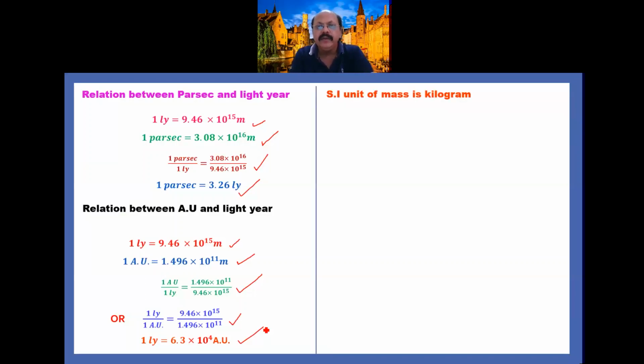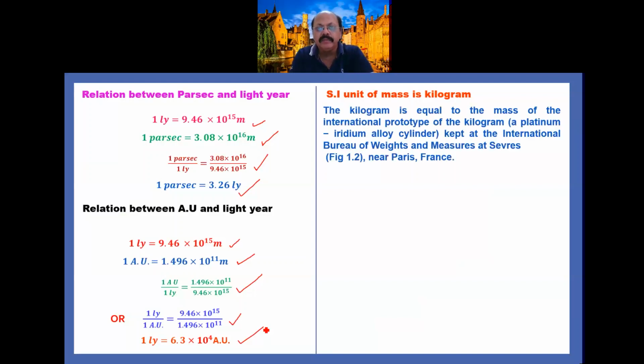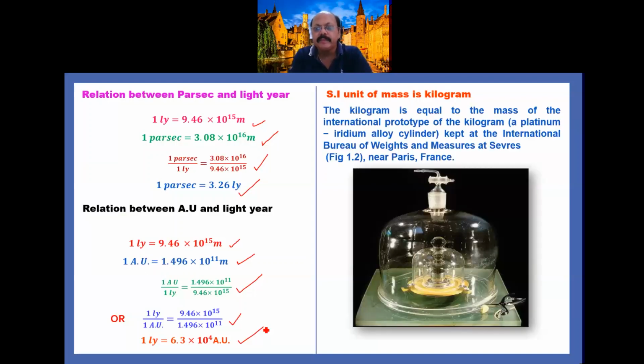Now the SI unit of mass is kilogram. You can see here in a little detail. The kilogram is equal to the mass of the international prototype of kilogram. That is the mass of a platinum iridium alloy cylinder, which is kept at the International Bureau of Weights and Measures at Sevres near Paris, France.